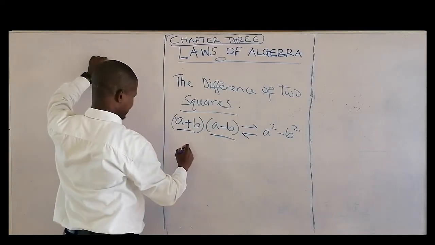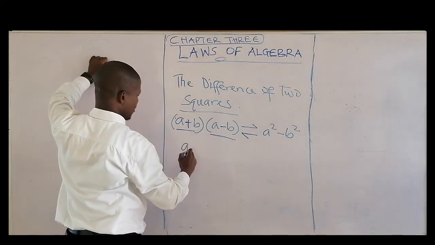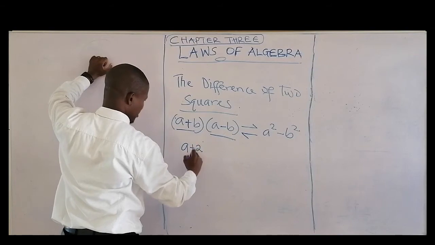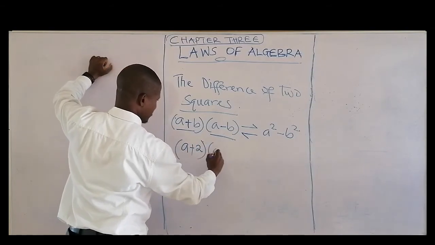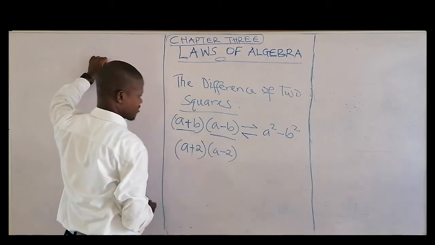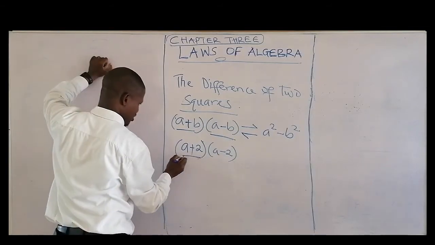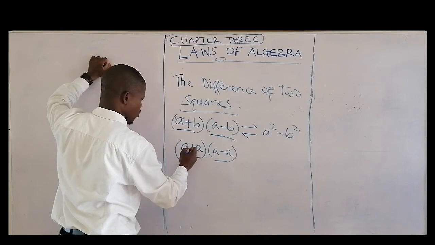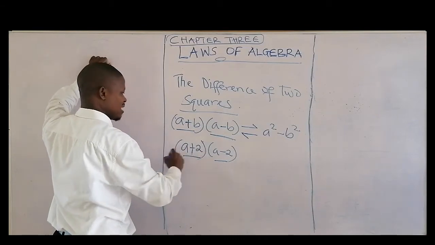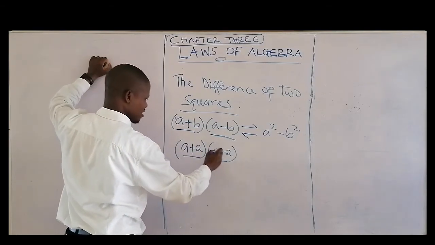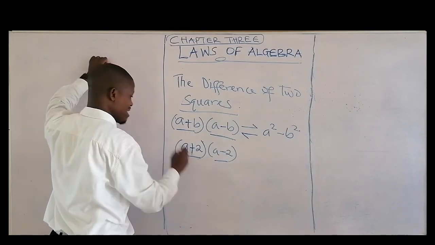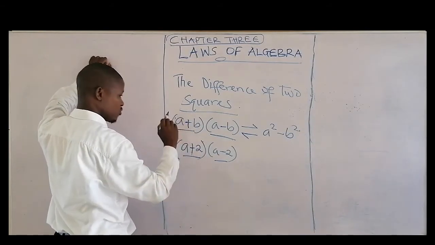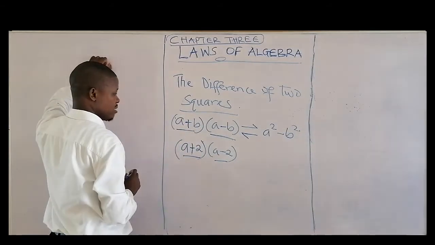I'm going to give you an example now. You have a minus 2, a plus 2, and then a minus 2. Check this expression. The expression here and here are the same, but they just have opposing sign. This is plus, this is minus, and that makes it a difference of two squares.